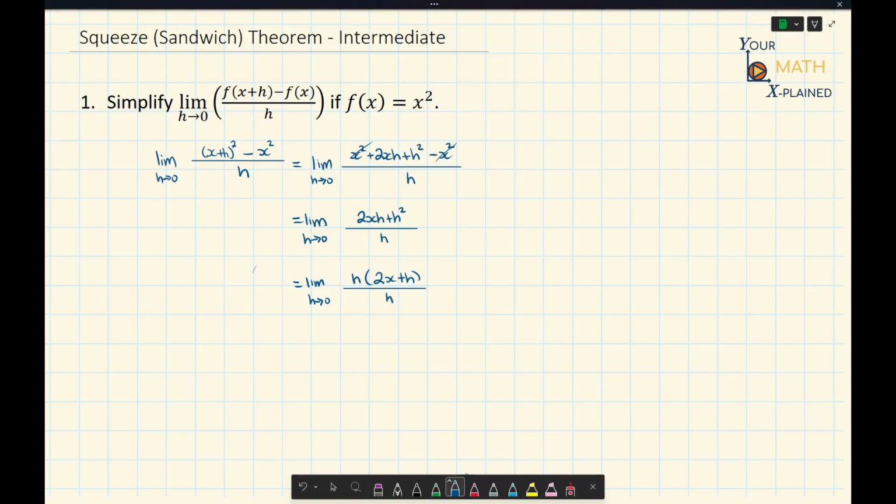But now that we have an h on top, we can cancel out the h in the numerator and the denominator. So this means our limit is now going to be the limit as h approaches 0 of 2x plus h. And now, because 0 is within the domain of this expression here, we can use our direct substitution rule, and that's going to give us 2x.